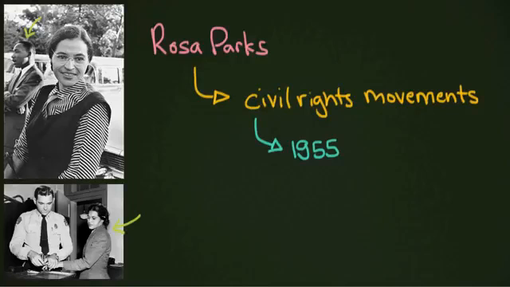And this is because America had a very strange idea that white people were more valuable, or white people had the right to sit in the seats and black people did not. Well, this is all very arbitrary, but in this case, she decided on one day in 1955 that she was not going to do that. She would not get up. The bus driver called in the police, and she was arrested.